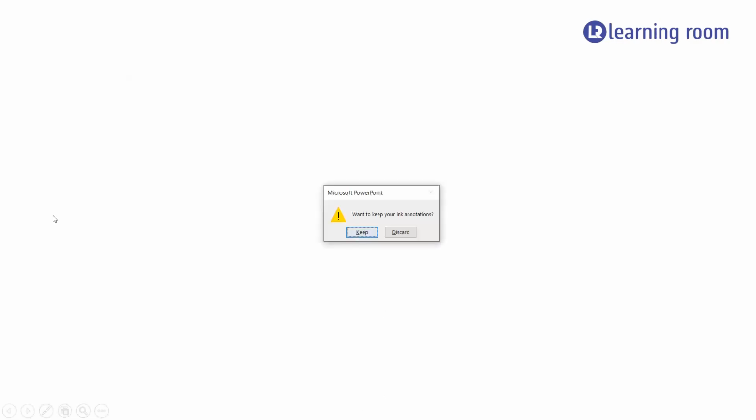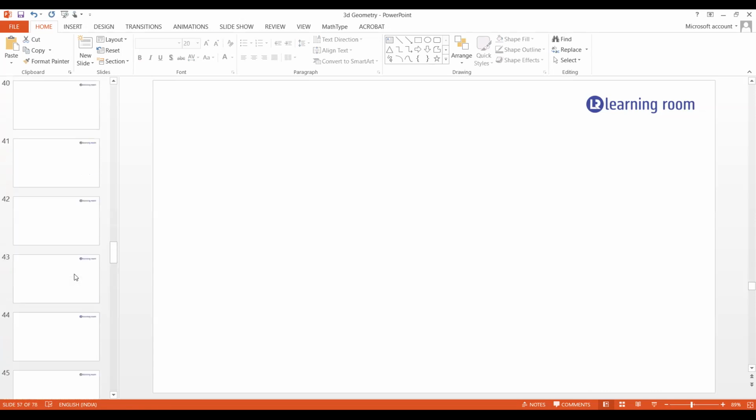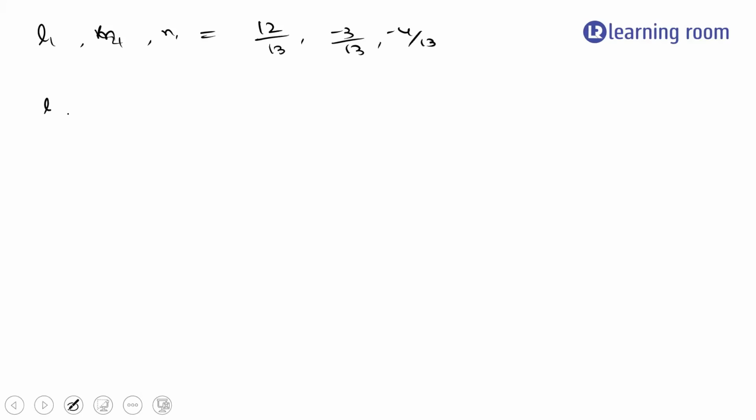See, L1 is given as 12 by 30, 4 by 30. Then L2 is 4 by 30, 5 by 30, 1 by 30, 3 by 30, 3 by 30.